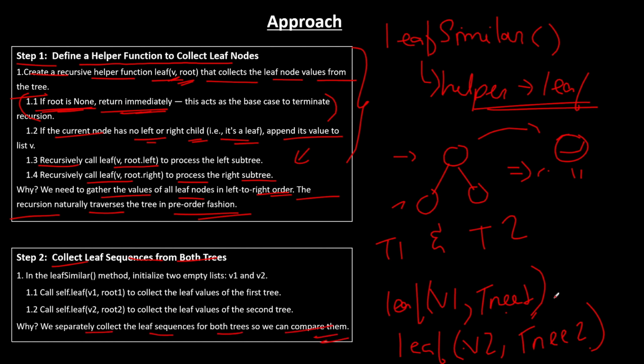If we send both the trees together and both the lists together in one call, it will be a jumbled kind of a thing, and the categorization of the leaf nodes won't be much clearer, right? That's why we call it differently. It is also an optimized way to do it.